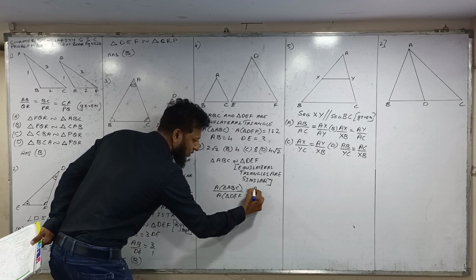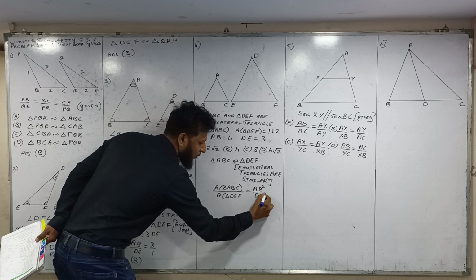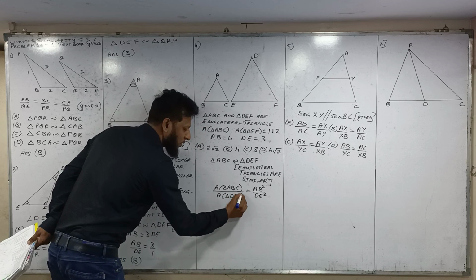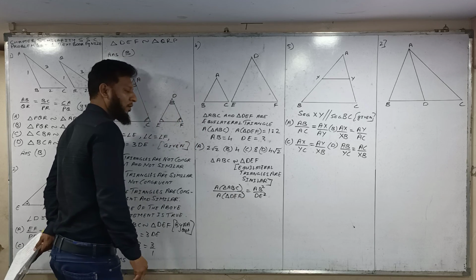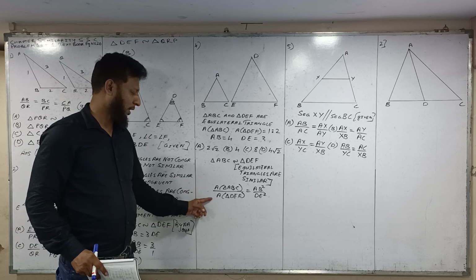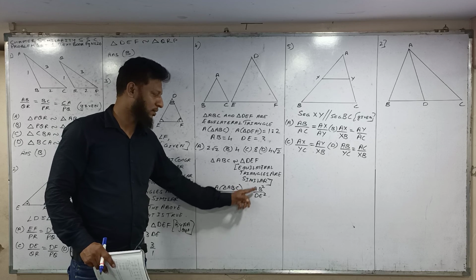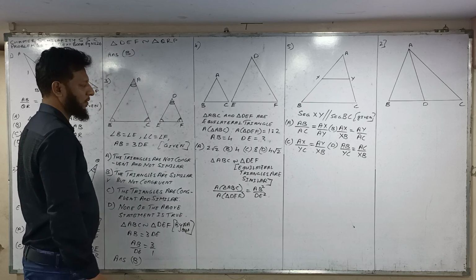So AB square upon DE square. This is the property of areas of similar triangles. Okay, this is the theorem.